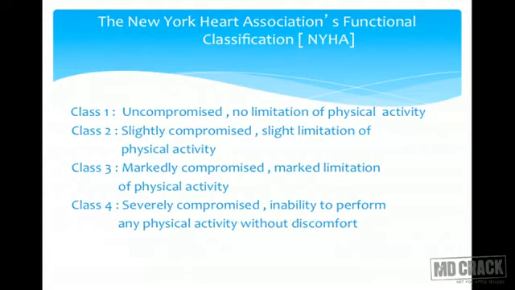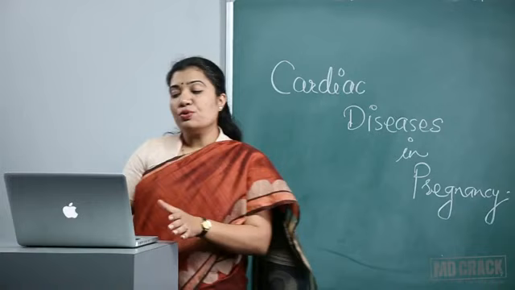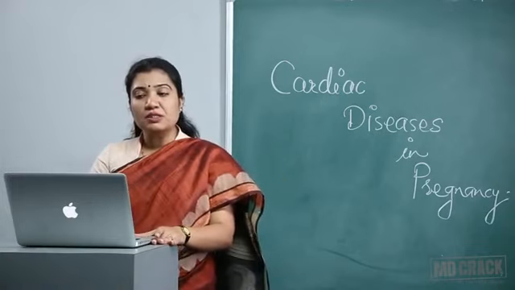Class 3, the patient is markedly compromised, with marked limitation of physical activity, even to accustomed work. And class 4, severely compromised, with inability to perform any physical activity without discomfort. That means she is at discomfort at rest. So that falls in class 4.